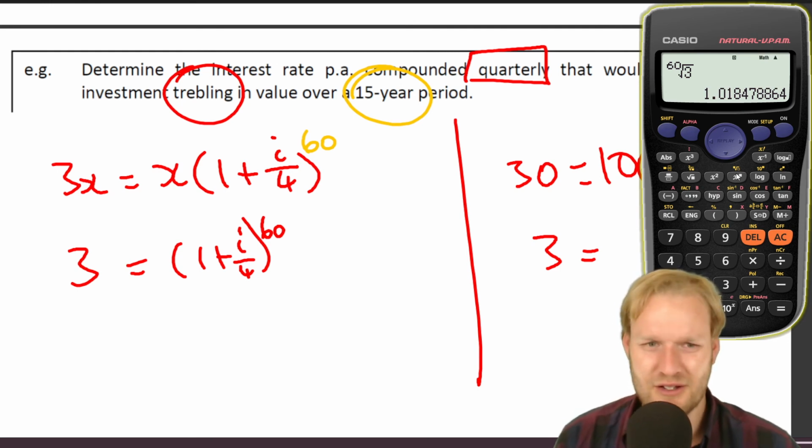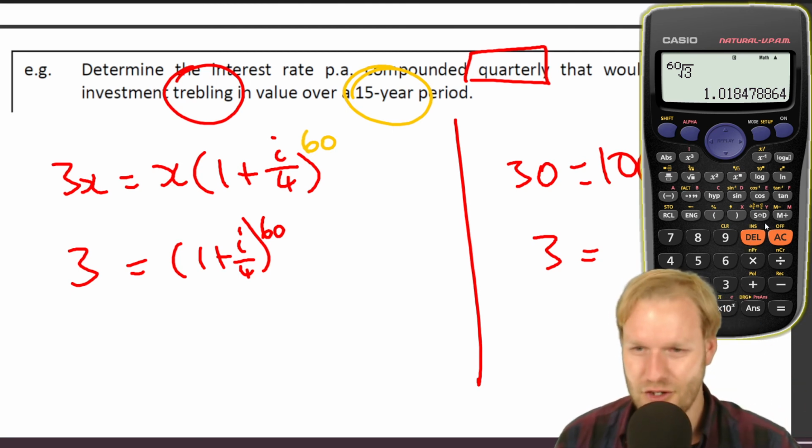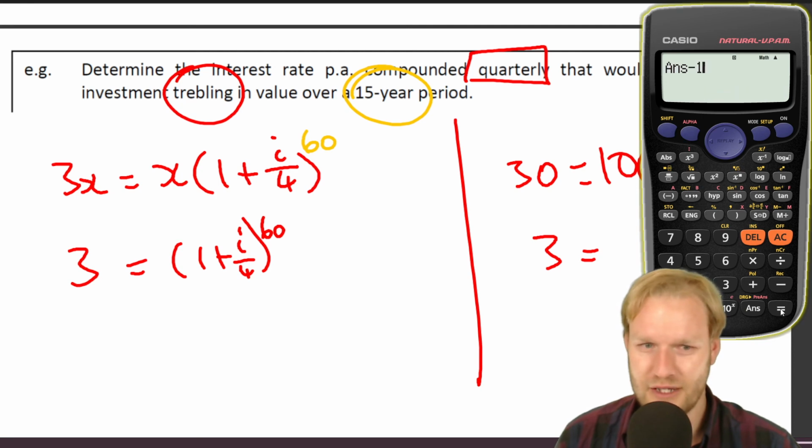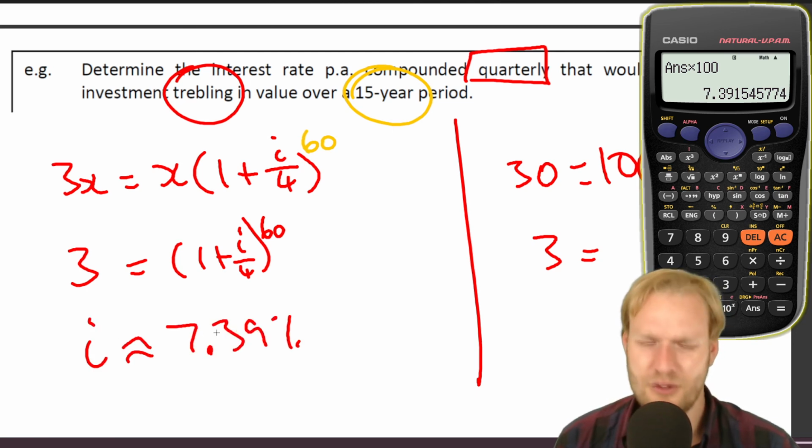It doesn't really matter, as long as you get it right, as long as you think about it. So here we go. We can go minus 1, equals, times 4, equals, times 100, equals 7,39. i is approximately 7,39%.